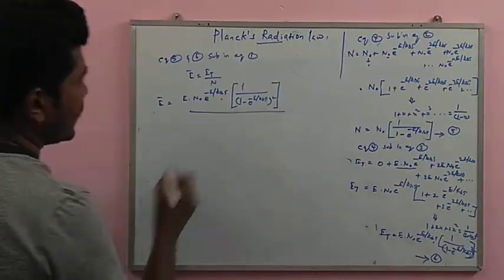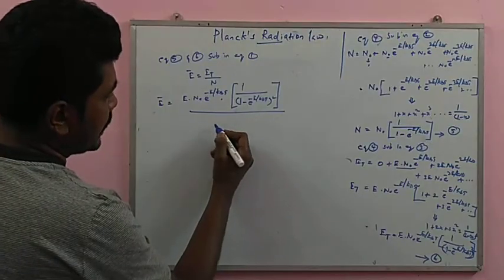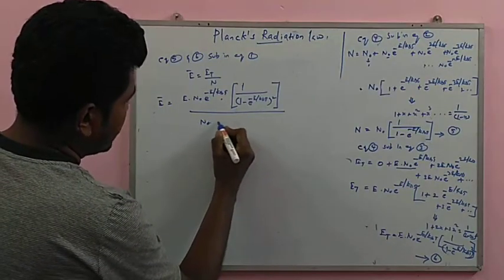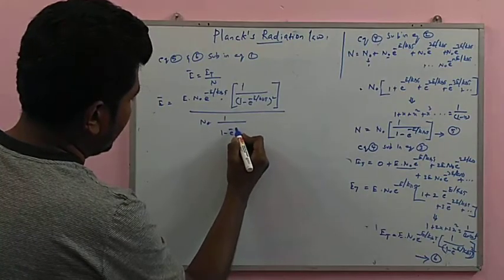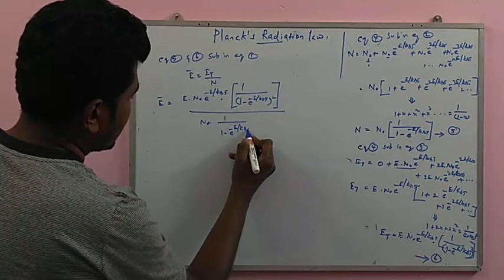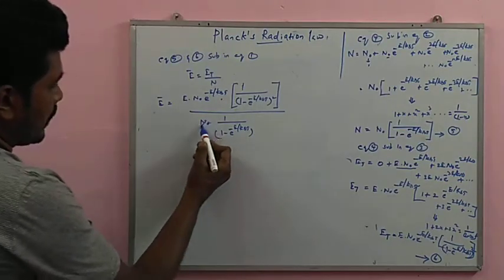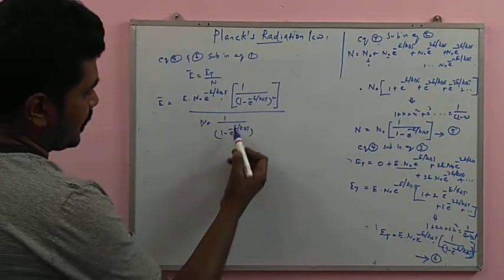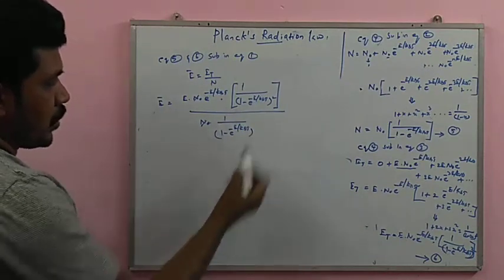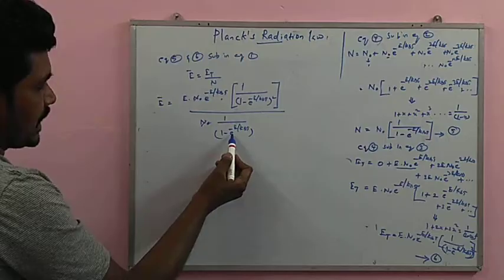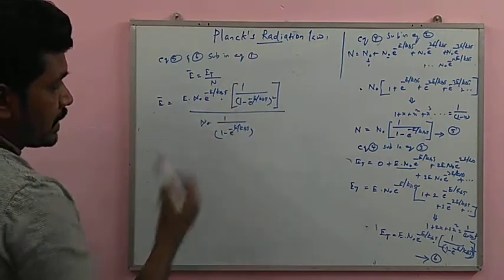Then divide by N, from equation number 5, N0 into 1 by 1 minus e power minus E by kBT. Here N0 cancels, and one factor of 1 minus e power minus E by kBT cancels.